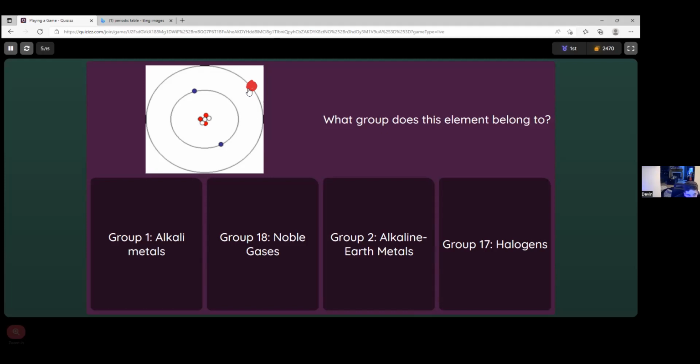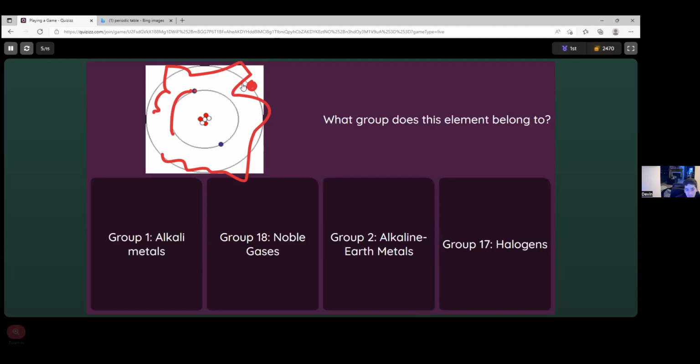So when you're looking at what group something is in, if this orbital didn't exist here and it showed 2, what group would that be? That would be the earth metals. So always keep an eye on that final, very outer shell, and count how many valence electrons are in there.